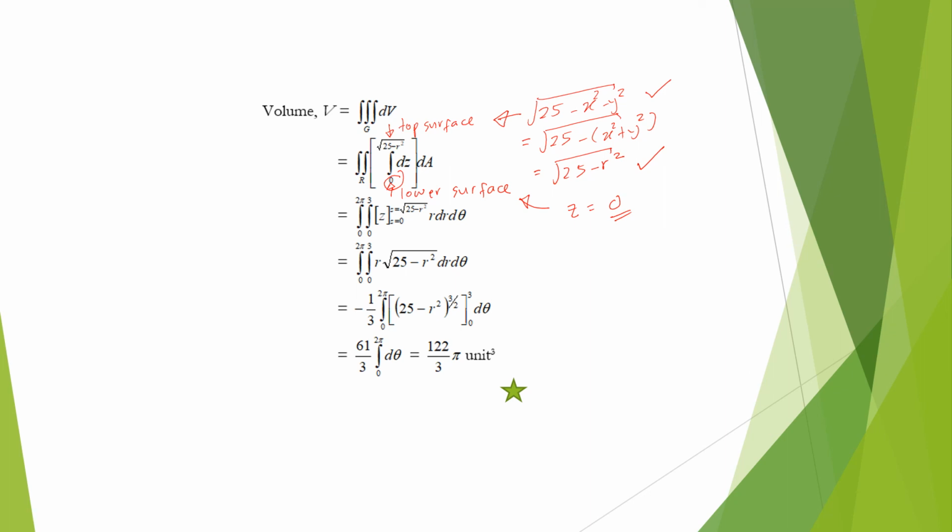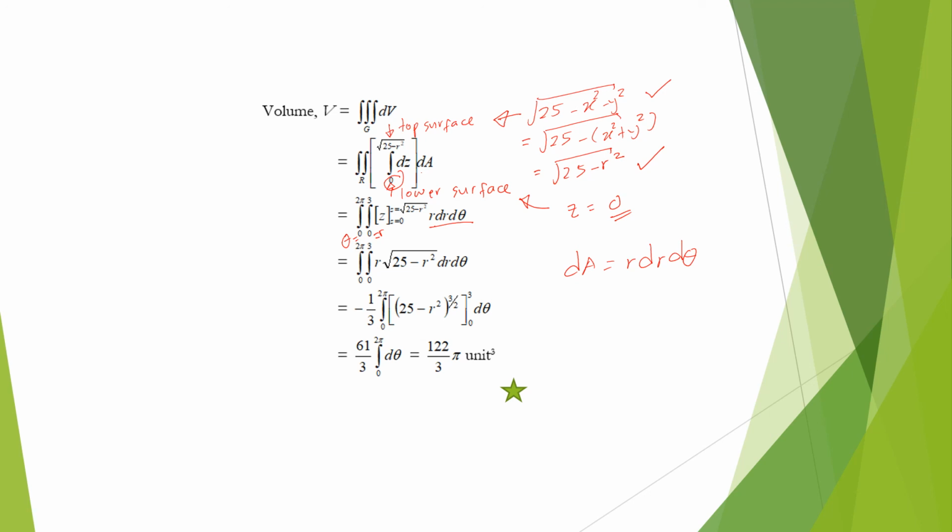Now this one, dA, we have to replace with r dr d theta. Here our r is from 0 to 3, and theta is from 0 to 2 pi. And then just integrate as usual.